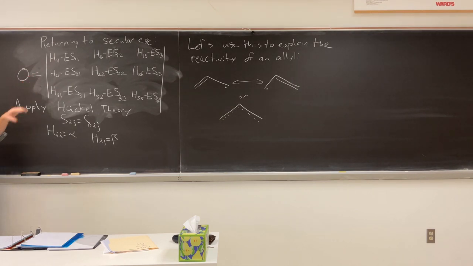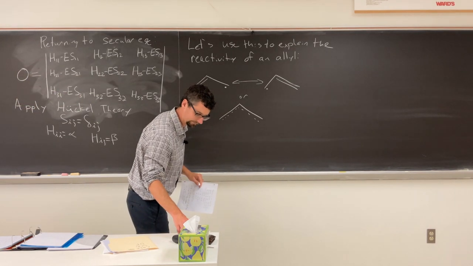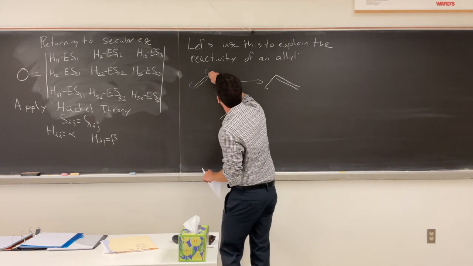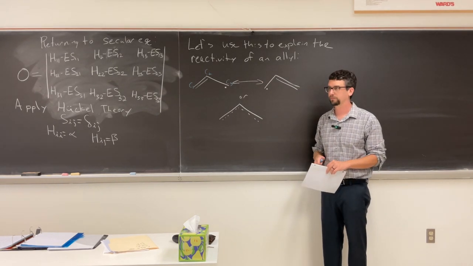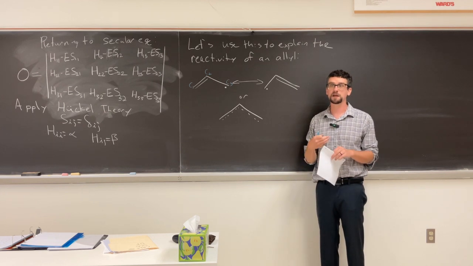Okay. Now, we can label our carbons. That's carbon number 1, carbon number 2, carbon number 3. Some terms are going to just drop to be 0 because they're not near each other.